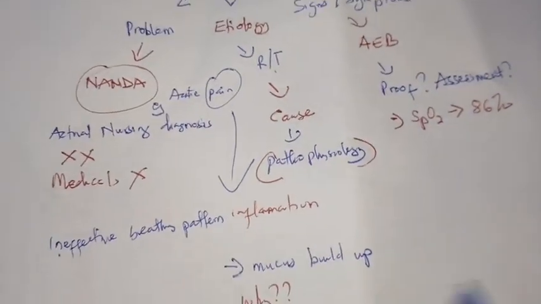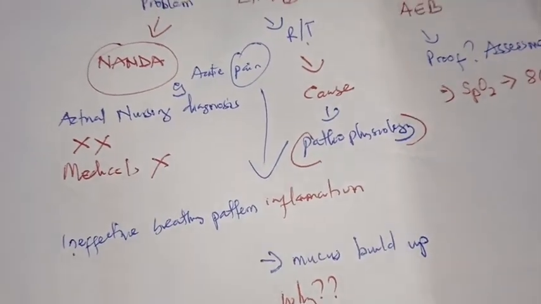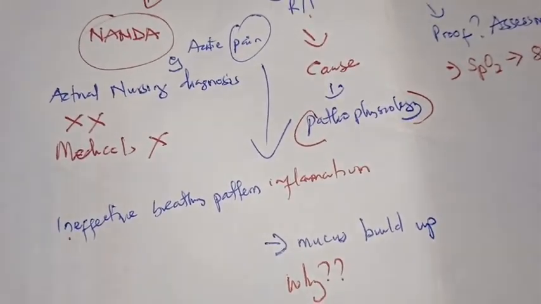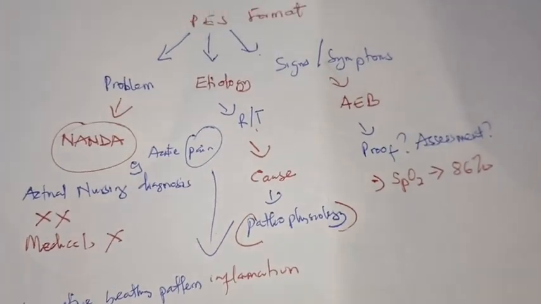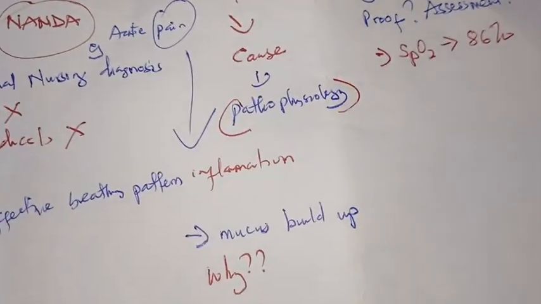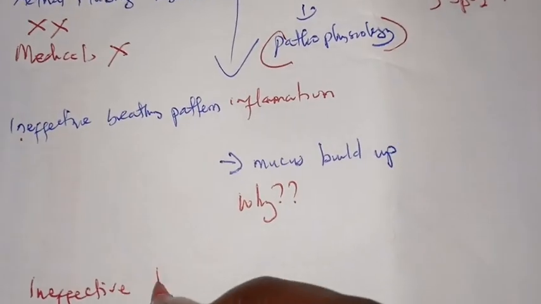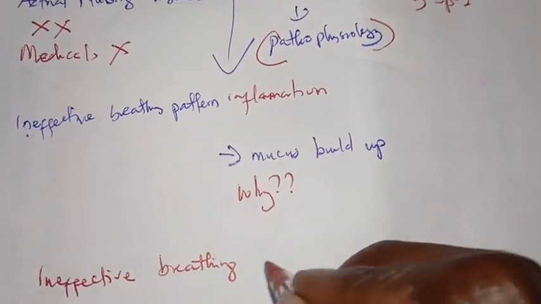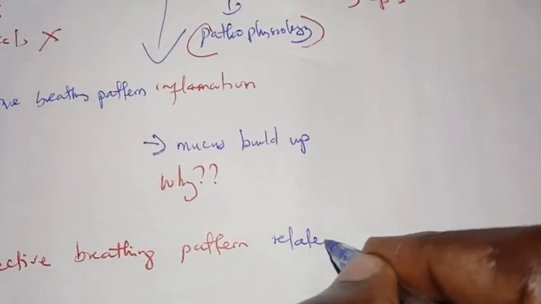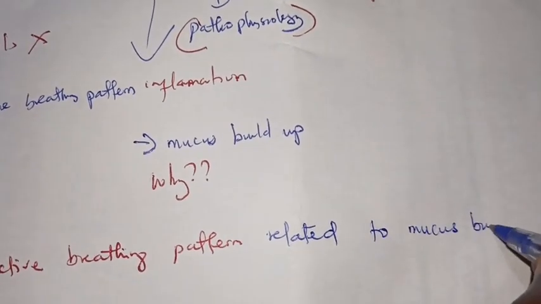Let's take the ineffective breathing pattern or ineffective airway clearance, whatever. Something related to breathing. In putting everything together and getting your full nursing diagnosis, you can get something like: ineffective breathing pattern, then you relate it to a cause, related to mucus buildup.